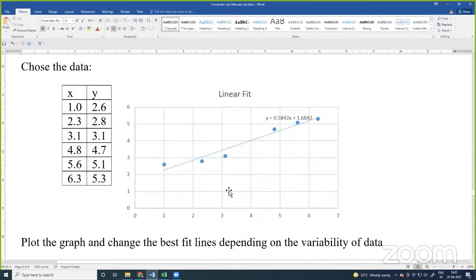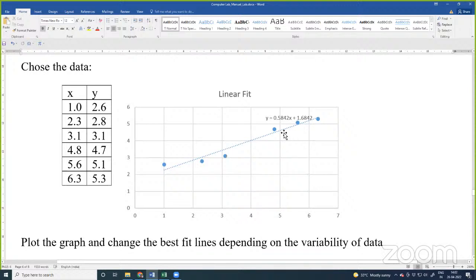Let us see how the data can be handled. Here we have some set of x and y. y depends on the x value. Assume that x varies like 1, 2.3, 3.1, 4.8, 5.6, and 6.3. The value of y is 2.6 corresponding to 1, plotted as a dot here. Then 2.8 corresponds to 2.3, and 3.1 corresponds to 3.1, exactly matching.